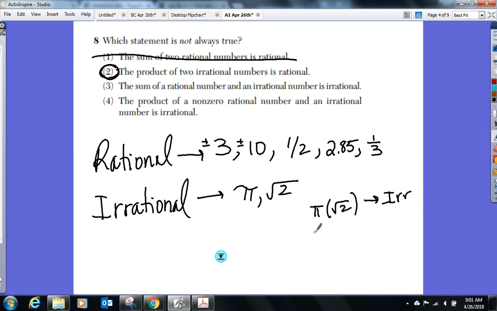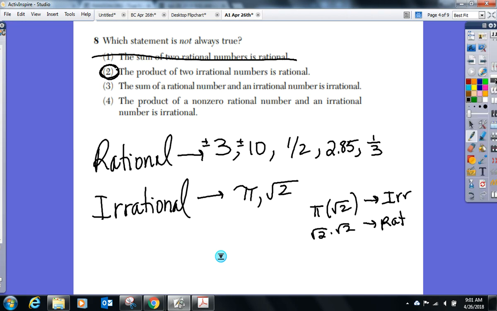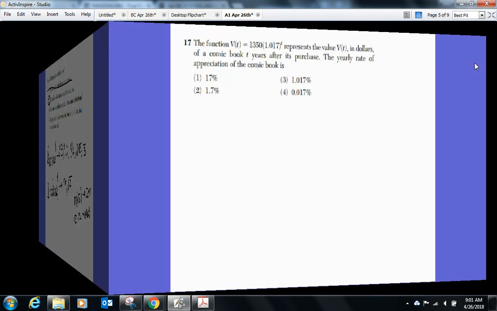Because watch, Marco, ready? Do radical 2 times radical 2. And which is what type of number? Okay, but it's not all the time, though. Okay, so that's why the question is not always true.